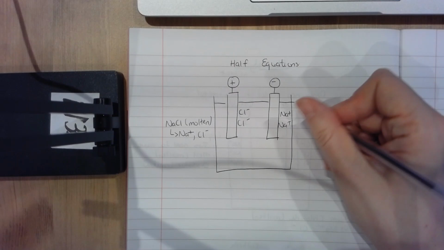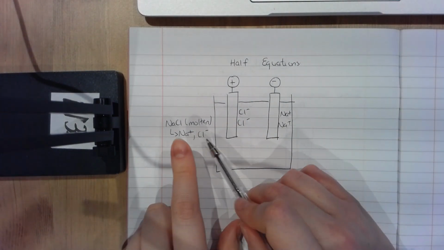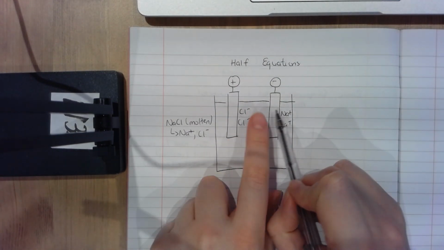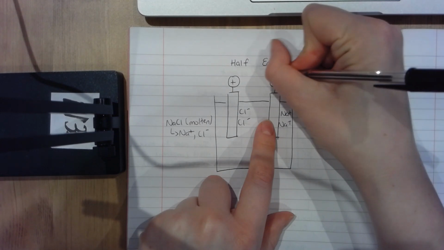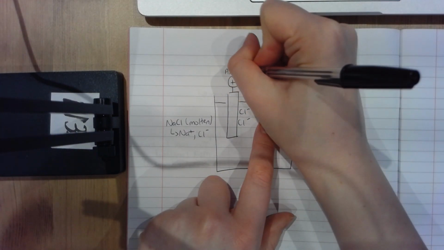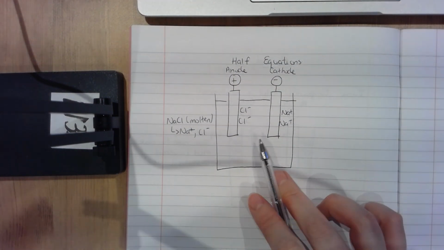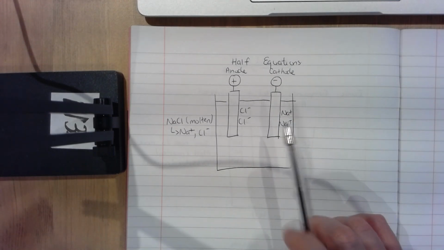So we have used electricity to split up the ionic compound. Ionic compounds contain ions, so we're splitting the two sets of ions up. The positive ions go to the negative cathode, the negative ions go to the positive anode. But the ultimate aim of electrolysis is not to split it up into ions.